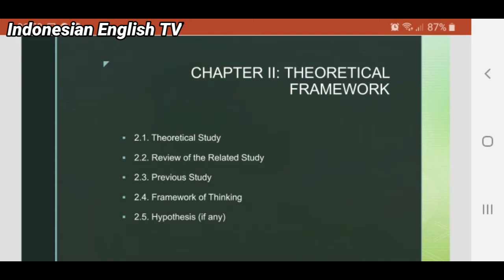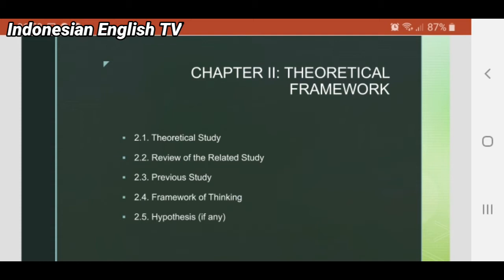And then number 3, you have the previous study, and in the previous study you write all the studies that are almost the same, or probably the same as your research, and you write the findings of the previous studies, the name of the researcher, the results of the studies, and also the strengths and the weaknesses of the previous study you got.